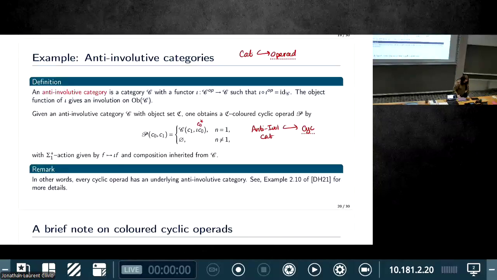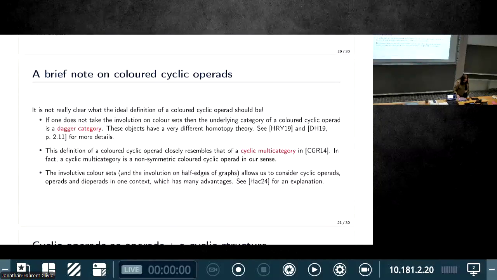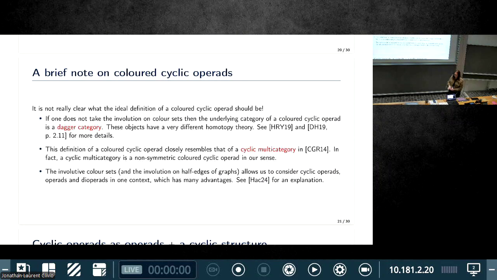What I want to point out is that it is also a choice that we've made. It's not really clear what the ideal definition of a colored cyclic operad should be. If you do not have the involution on color sets, then instead of anti-involutive categories, what you actually have is dagger categories.